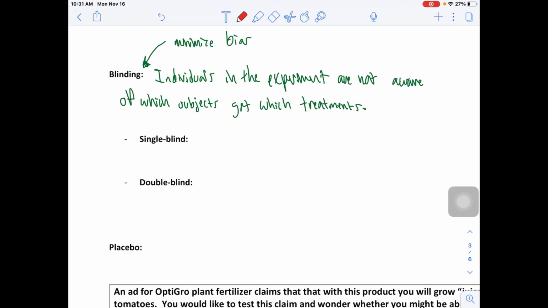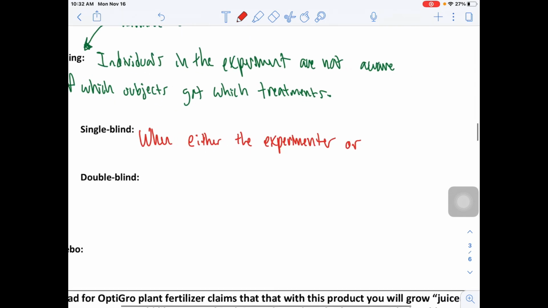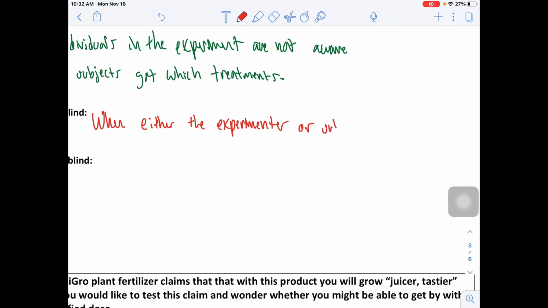So single blind is when either the experimenter or subjects don't know.